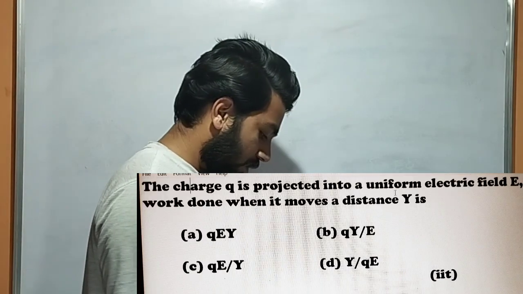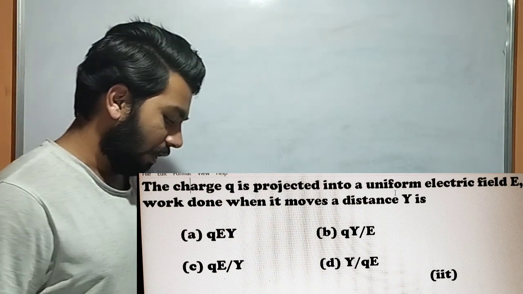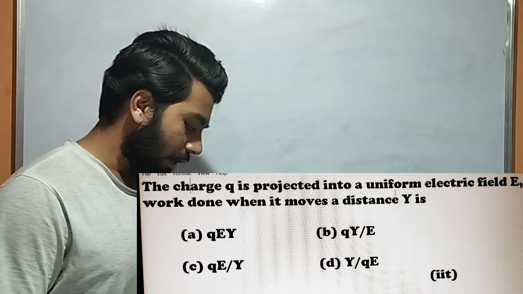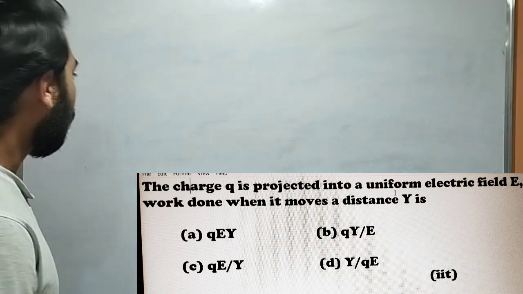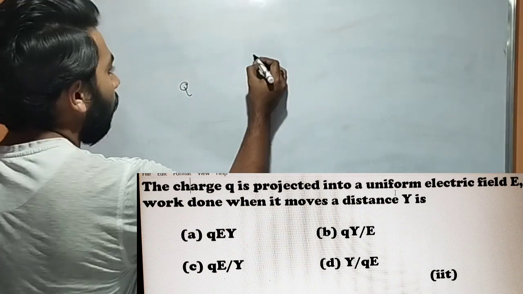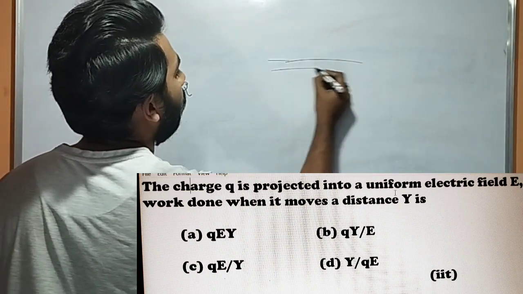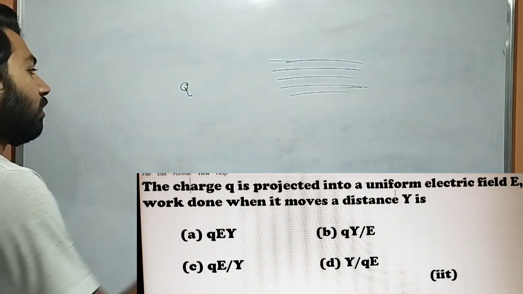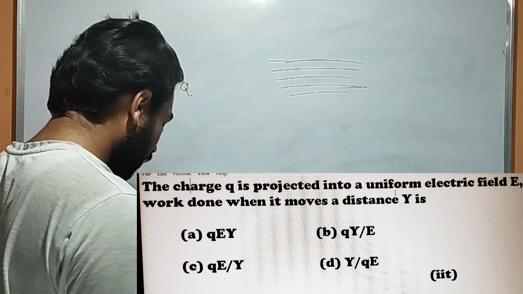A charge is projected into a uniform electric field E. The work done when it is moved a distance d is, okay. A charge is projected into a uniform electric field. We are projecting a charge into a uniform electric field. This is one case.